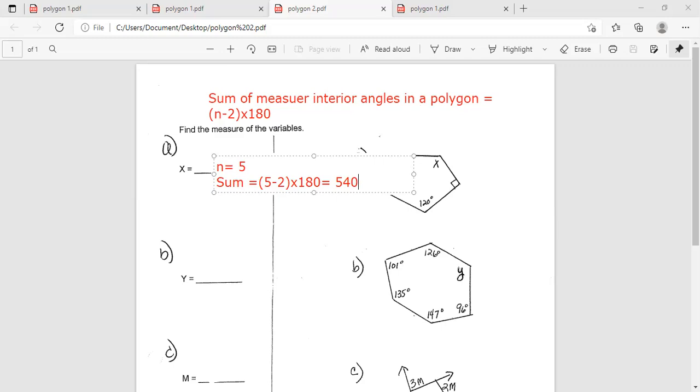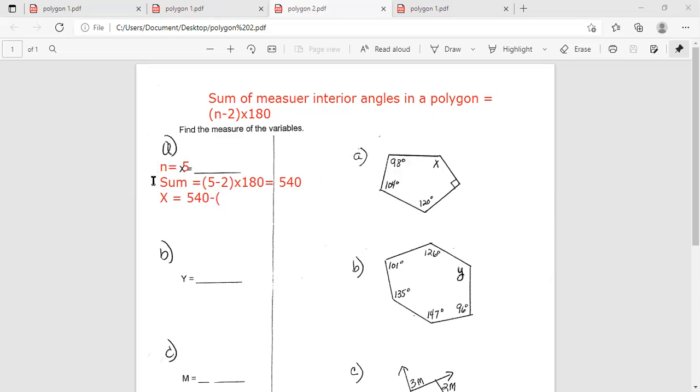Right? Then we want to find the value of x. So the value of x will be 540 minus, and then we will open a parenthesis. Why? Because we are going to subtract a number. So it will be 98.